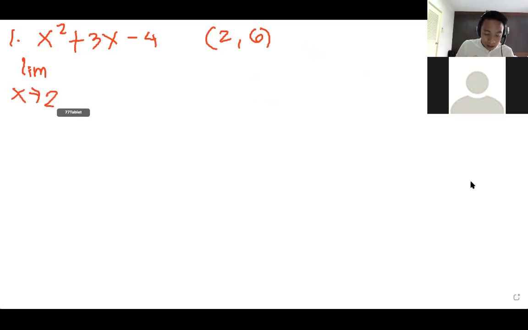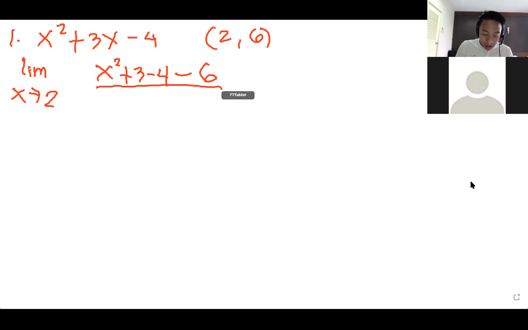And our f of x will be x squared plus 3x minus 4. Remember the operation, we have minus, and then the f of a, which is 6, all over x minus a, and our a is 2. So easy.